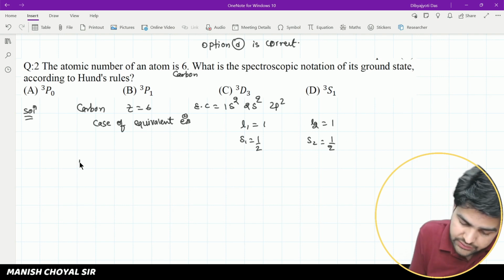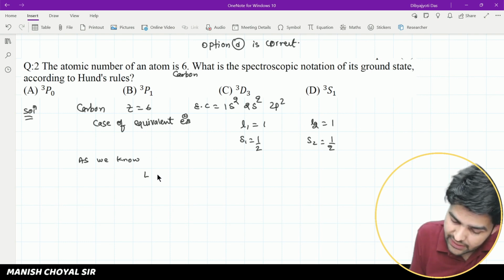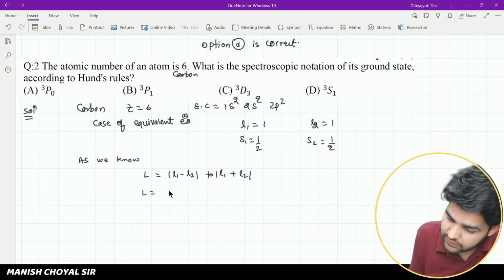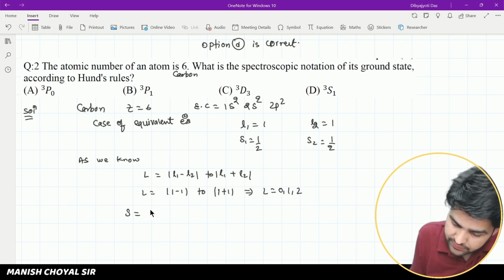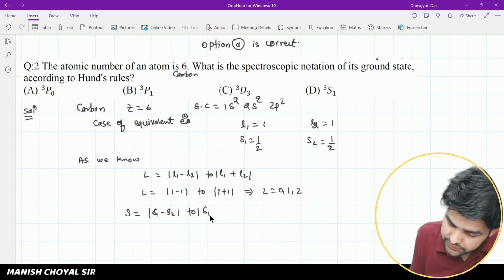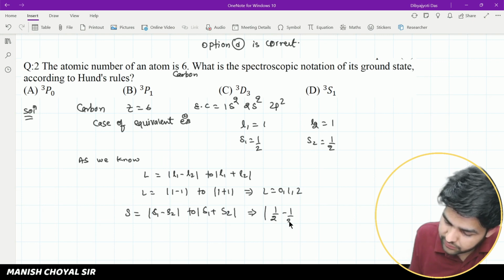As we know, the resultant L equals L1 minus L2 to L1 plus L2, so L equals 1 minus 1 to 1 plus 1, which is L equals 0, 1 and 2. Similarly for spin, S1 minus S2 to S1 plus S2, so 1 by 2 minus 1 by 2 to 1 by 2 plus 1 by 2.